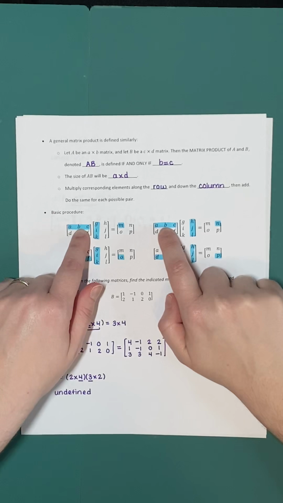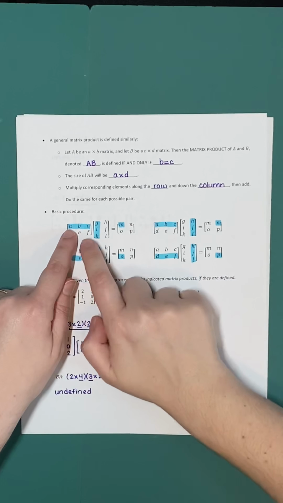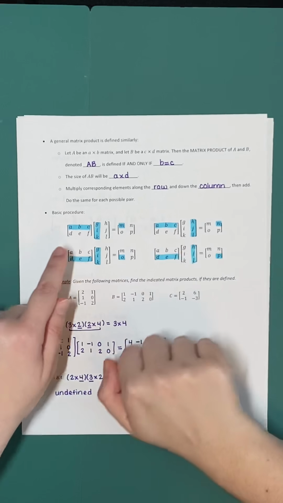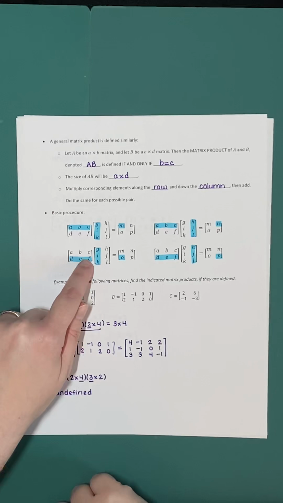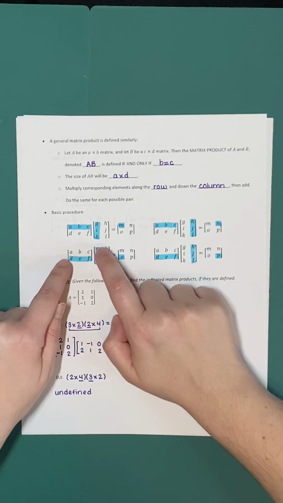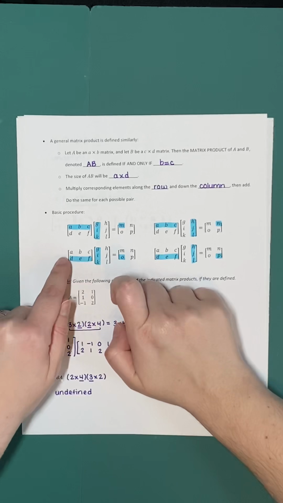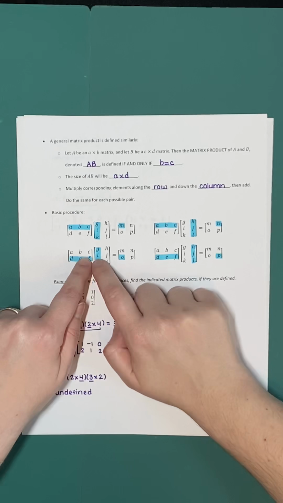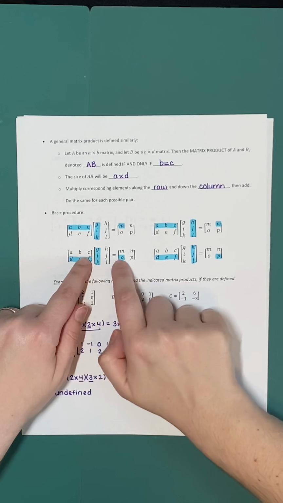As we continue on, now we're using the second row. We've combined the first row with both of our columns. Now we need to combine the second row with both of our columns. So second row across the row and then down the first column. First elements, second elements, third elements, add them together. Second row, first column goes to second row, first column in our resulting matrix.